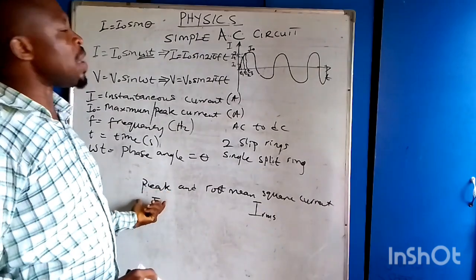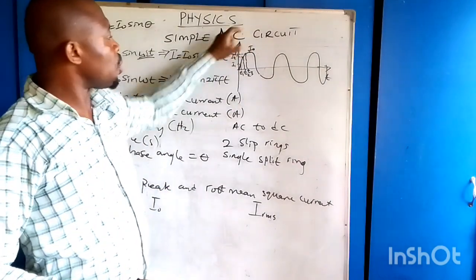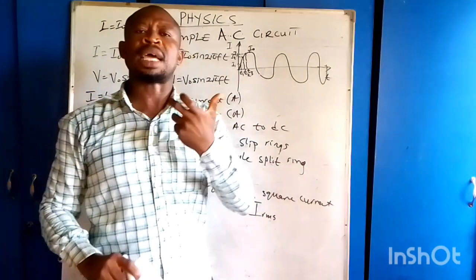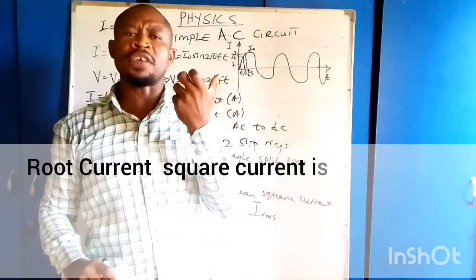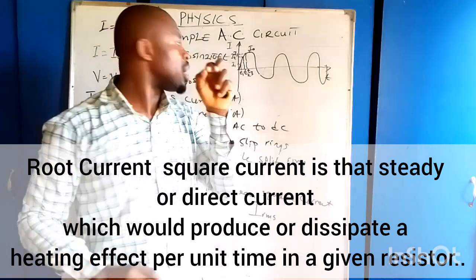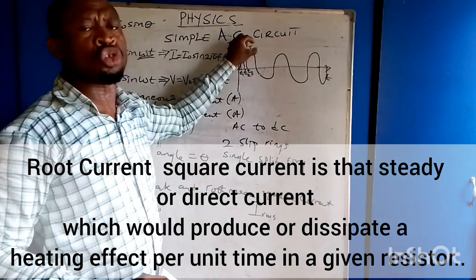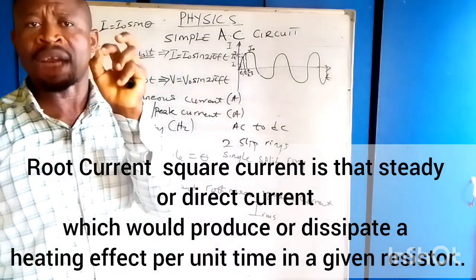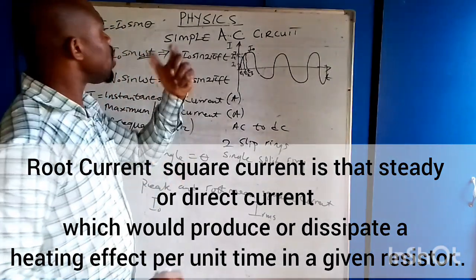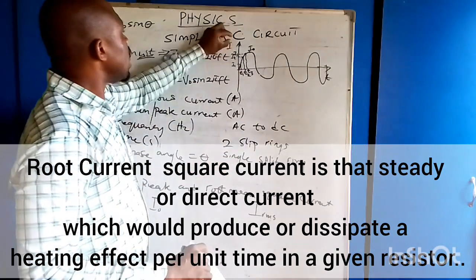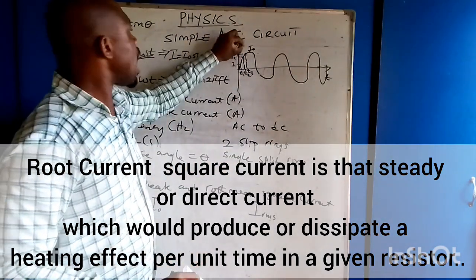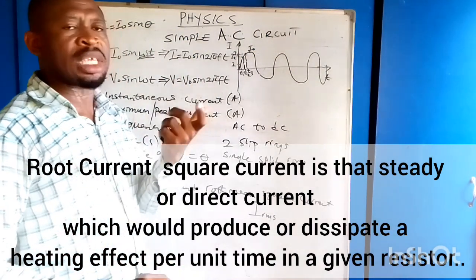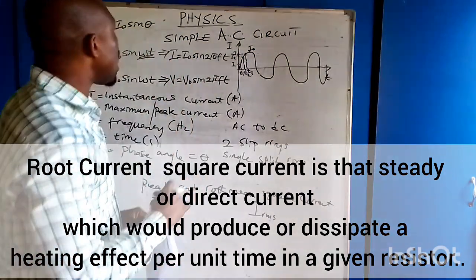Peak is the maximum numerical value, while the root mean square current is that steady direct current that will dissipate the same amount of heating effect in a given resistance in the same time. So that is the IRMS.